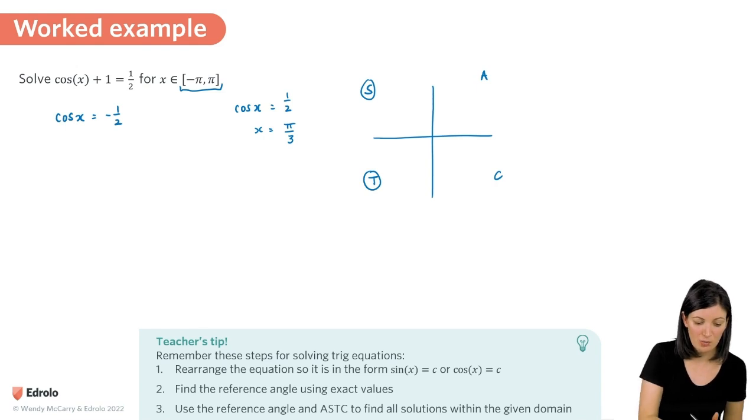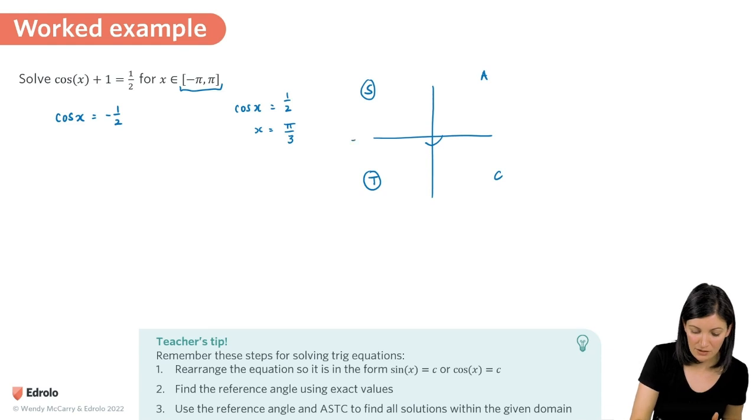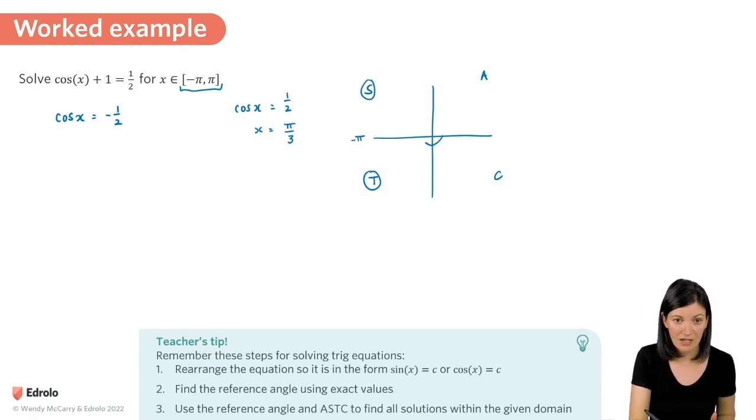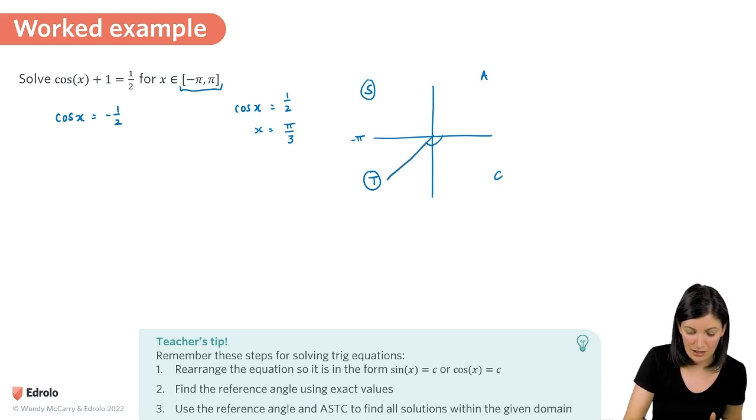from -pi to pi. Okay, -pi, remember, is going this way. So if I'm looking, that would be from 0 to negative pi in that sort of range there. So I'm only going to have a solution for cos in my third quadrant down here, okay? Now I draw in my reference angle, which is pi on 3.